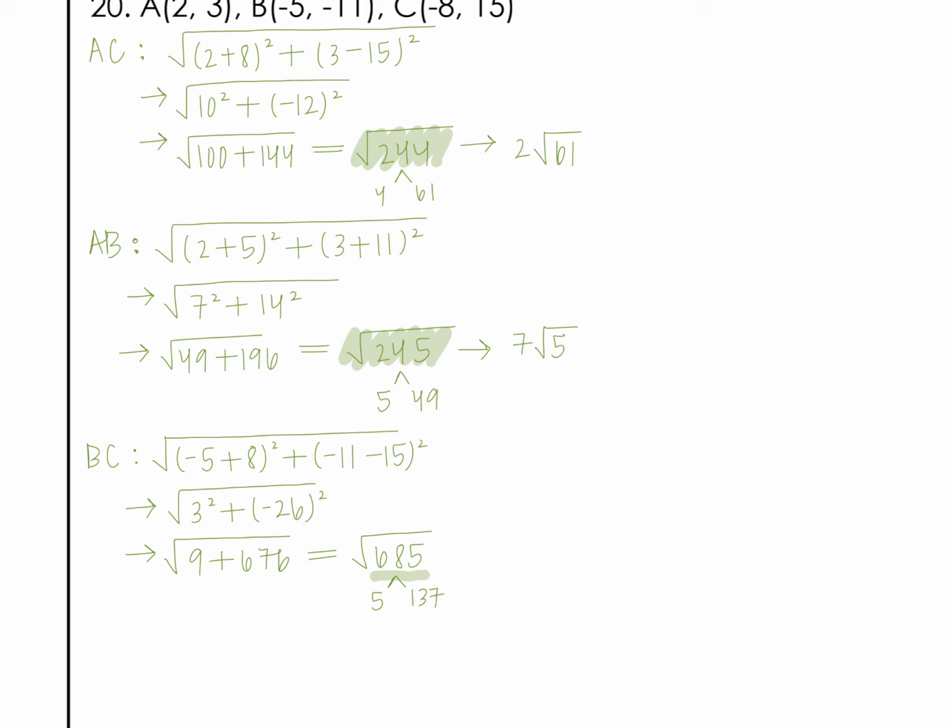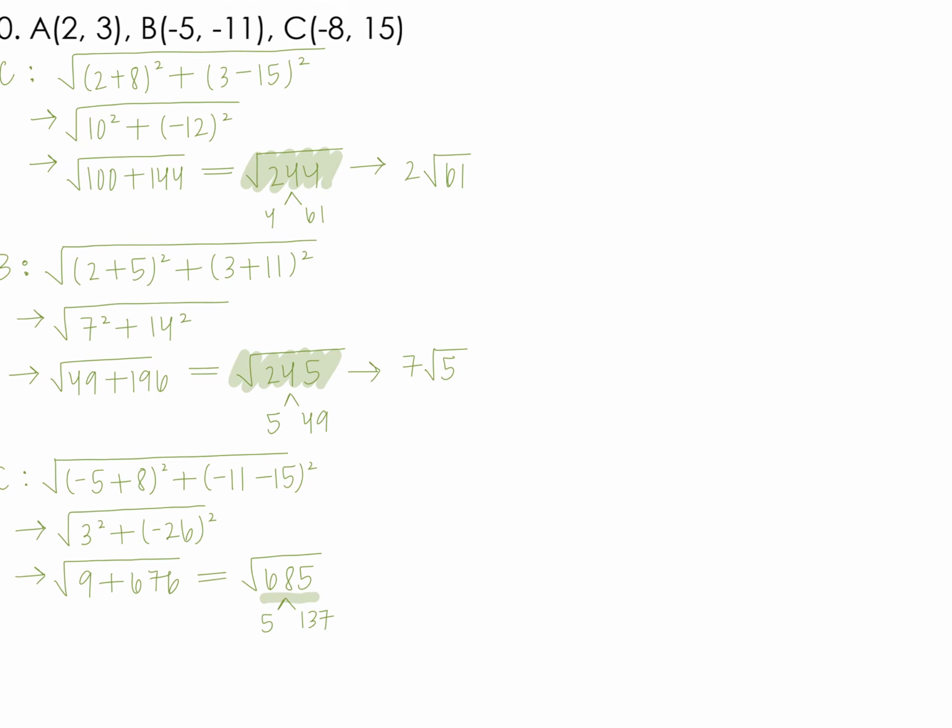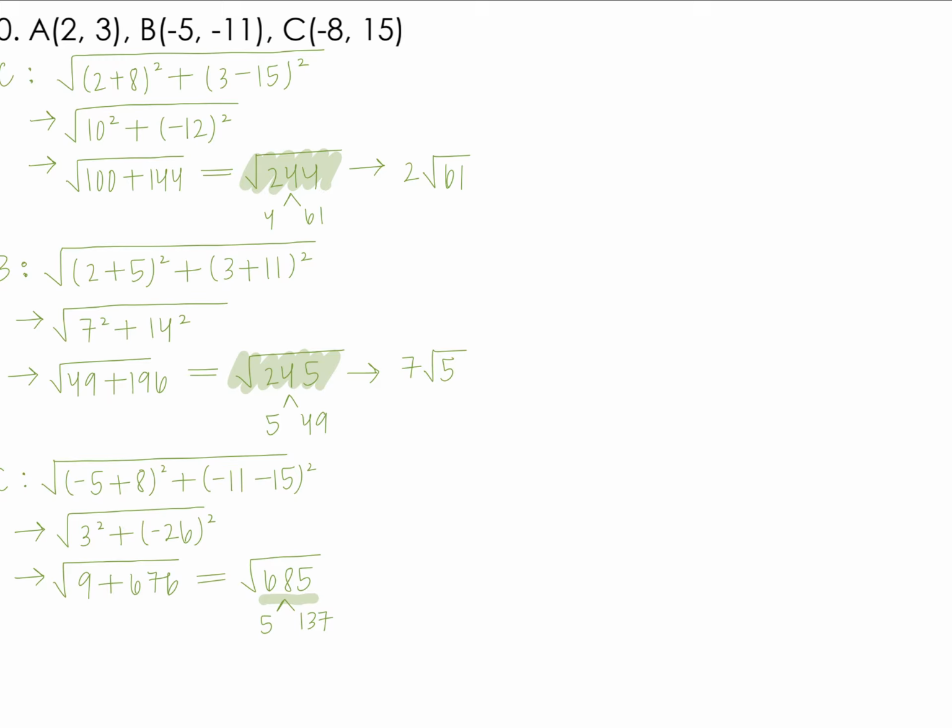Therefore, to determine if this is a triangle or not, we would have to take 2 root 61 plus 7 root 5, and we would need it to be greater than the square root of 685. Once again, this is where I'm going to use a calculator real quick.